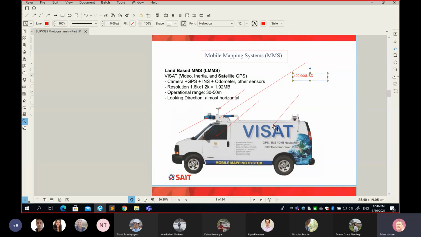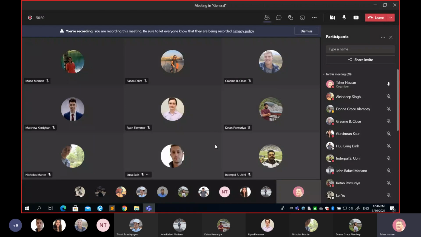I'm hoping that this was interesting and something to be proud of. This system primarily evolved from Calgary. So Calgary is the mother of this system. Back in the 1990s, there were only two systems worldwide: one here at UofC, and the other in Ohio State University.